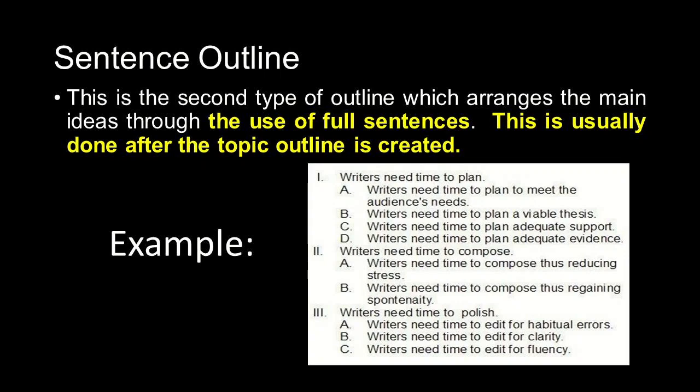This is usually done after the topic outline is created. So again, once you are satisfied with the components of your topic outline, and once you are satisfied with the flow of the thoughts that you have placed in your topic outline, it is now time to expand those words and phrases into full sentences.